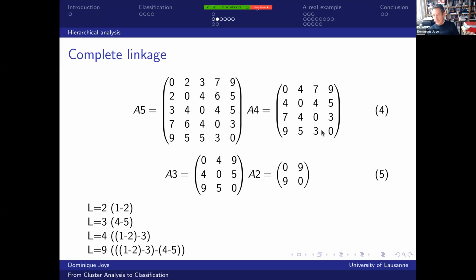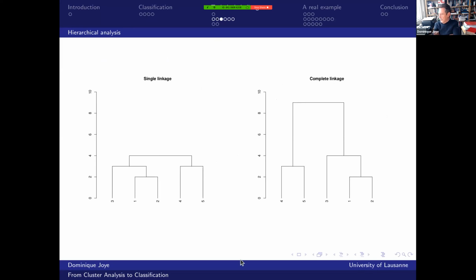I put them together, and I compute my distances. And I have the result of that, which is called the complete linkage. And this is another solution that we can take by taking the maximum distances rather than the minimum distances. Okay.